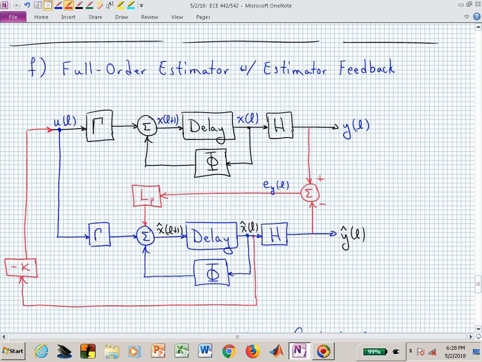You could use it to slow down the system, but typically we use K to speed up the response, don't we? So this would be faster because the other one just has the open loop dynamics of phi. So if we've used K to speed up the system, then this one would be faster, in quotes, than the other one. That's just the estimator with the open loop dynamics.